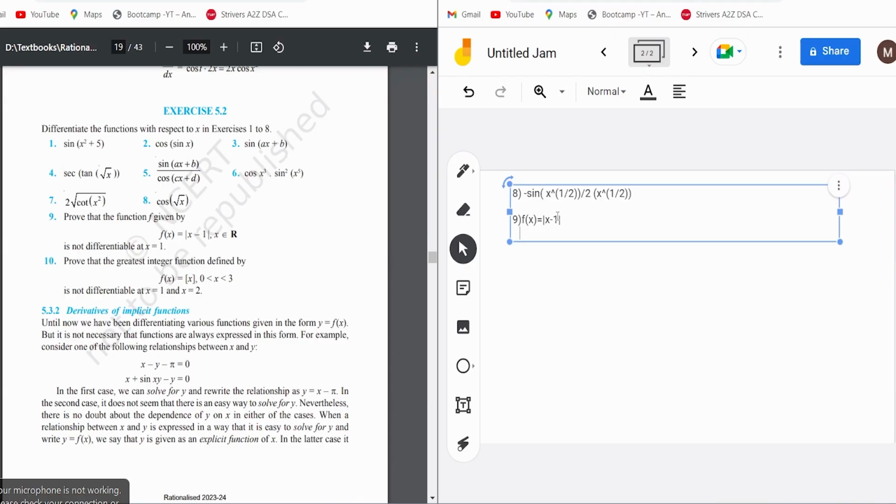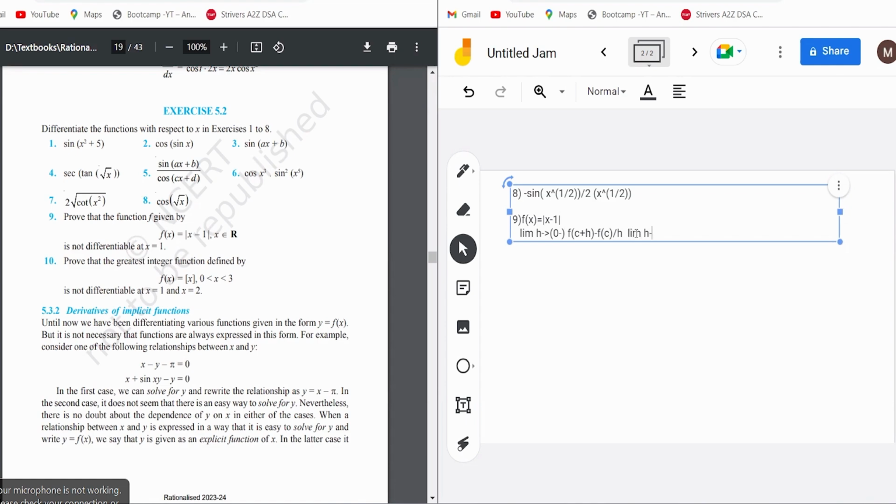The main definition of differentiation is the limit of h tending to 0 of f of c plus h minus f of c, divided by h. Again we have to do this in two cases. Firstly, we will take 0 minus, and in the second case we will take 0 plus.